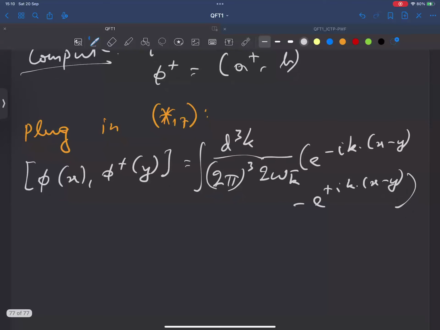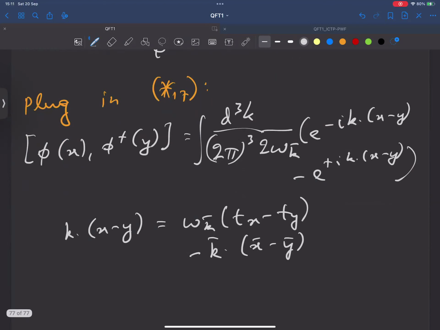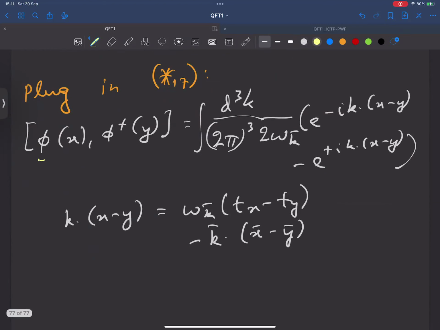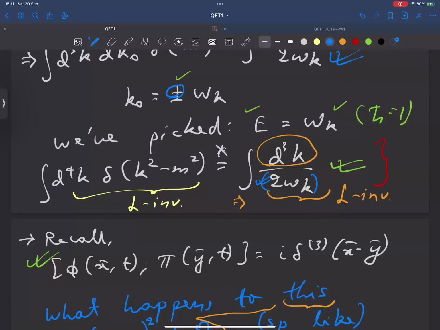Now here, this k dot x minus y in the exponential is just the Lorentz invariant scalar product, which if you expand is just this minus the vector x minus y. Note that even though these intermediate steps were not Lorentz invariant, because in their definition they involved an integral with a 1 by root 2 omega k factor, what was Lorentz invariant was this thing with no square roots.